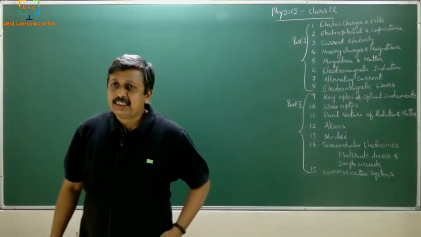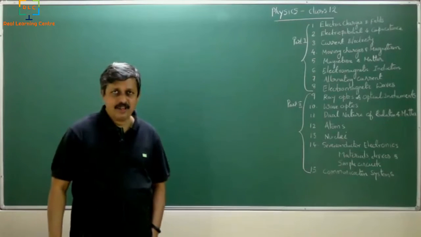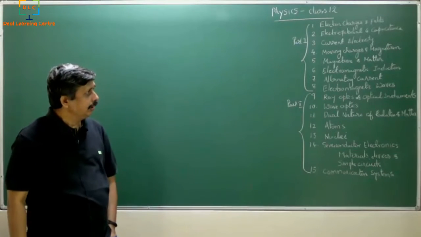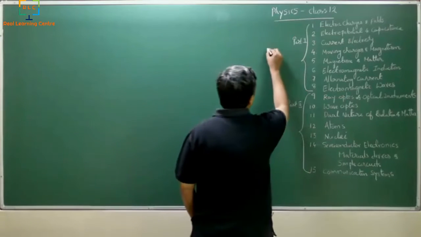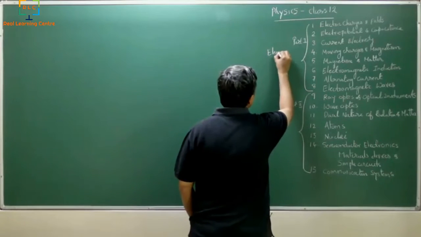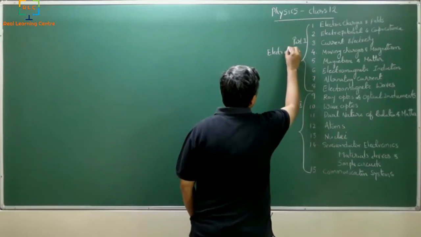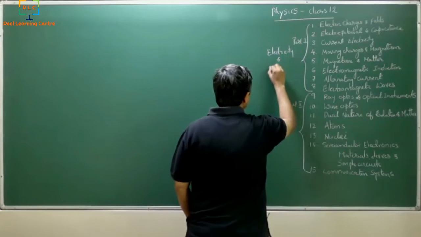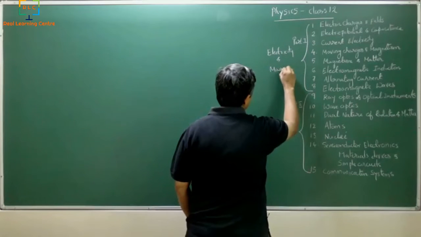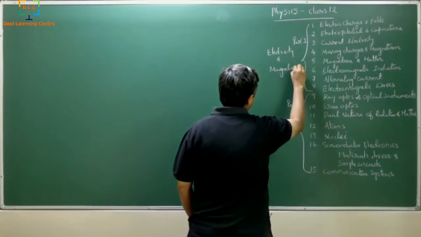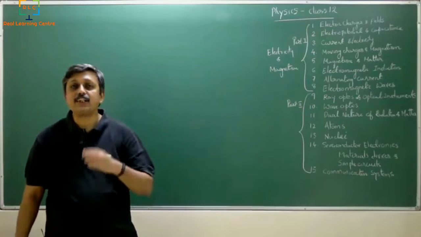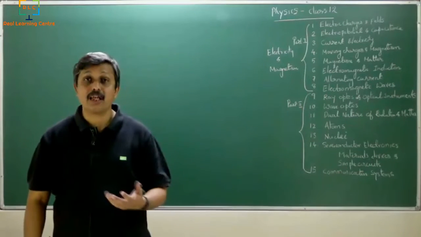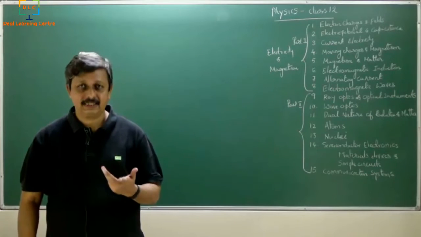If you look at part 1, the way it is constructed is, it is completely based on concepts called electricity and magnetism. All the topics are related to these two important phenomena in physics.